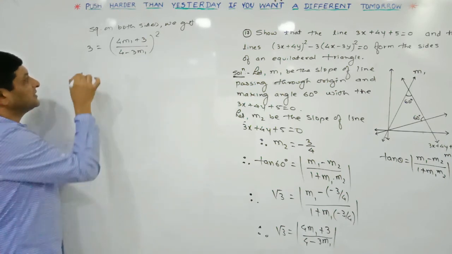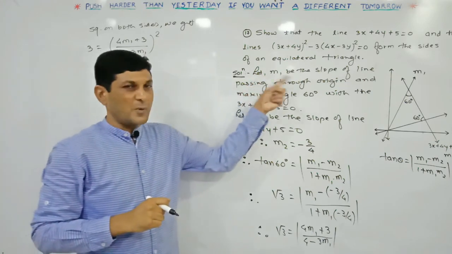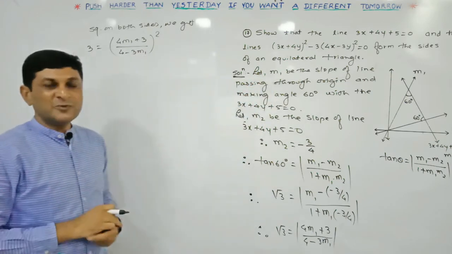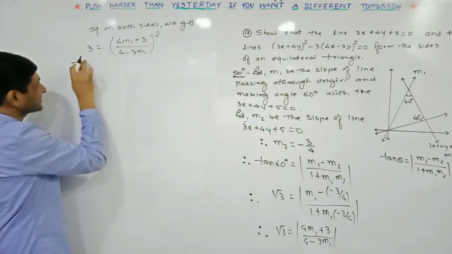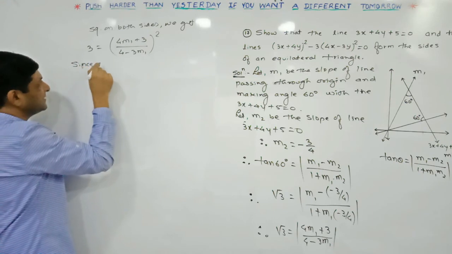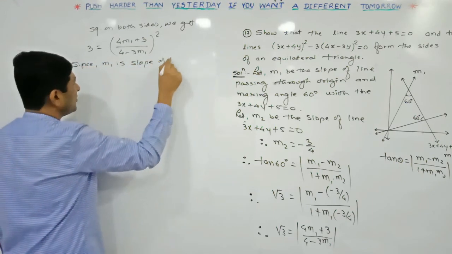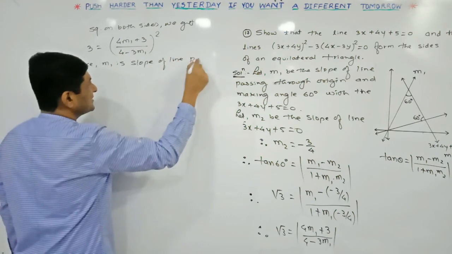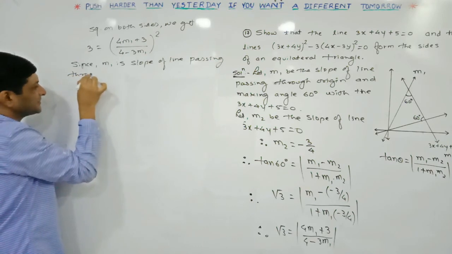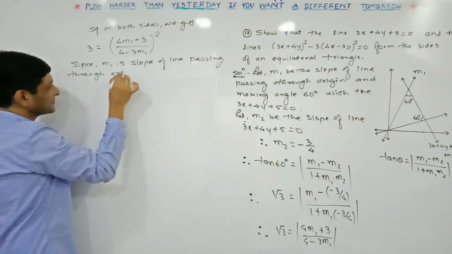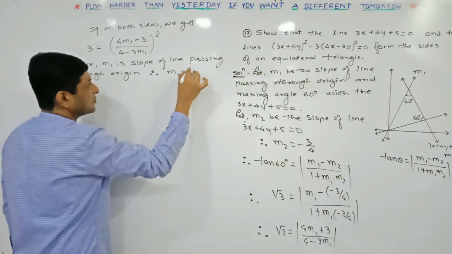So here we are replacing m1 by its value. What is m1? m1 is the slope of the line passing through the origin. At that time we know that m1 will be equal to y by x. So since m1 is the slope of a line passing through the origin, therefore we can say that m1 will be equal to y by x.